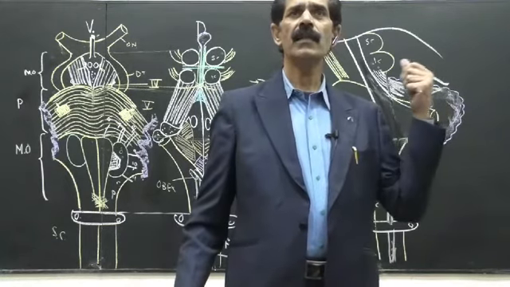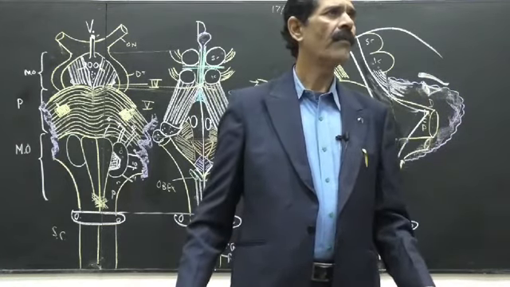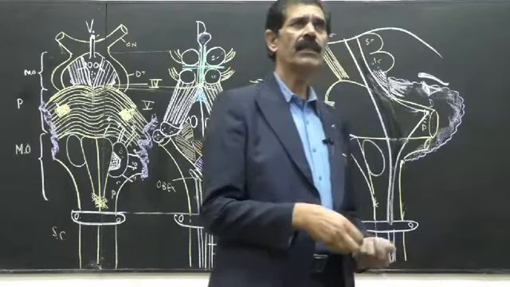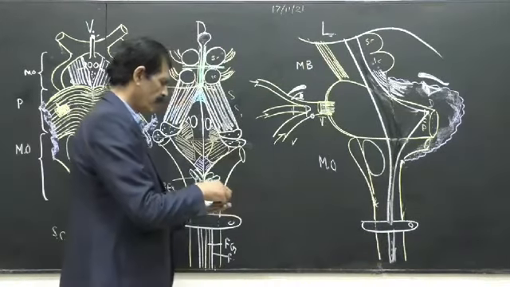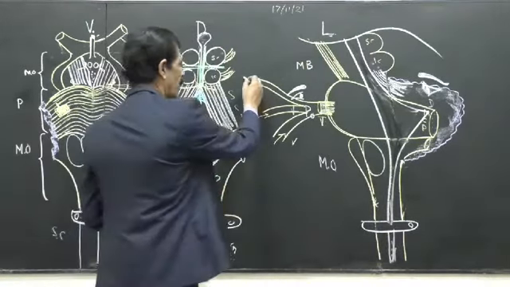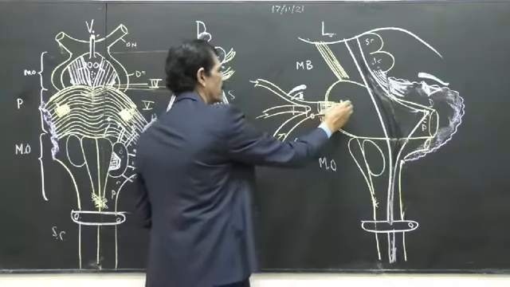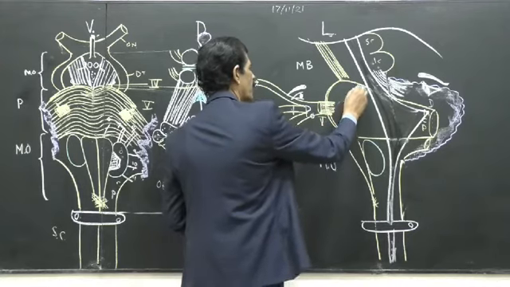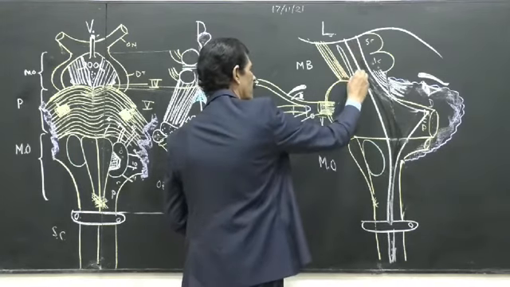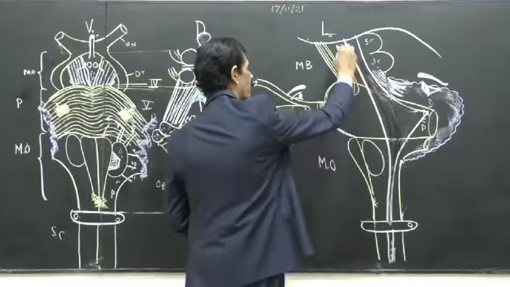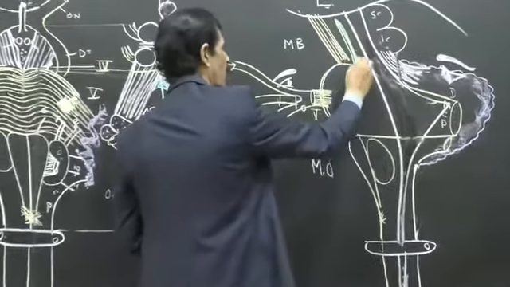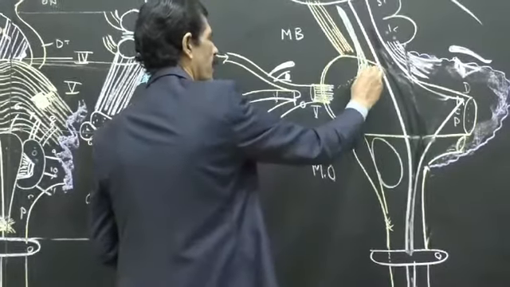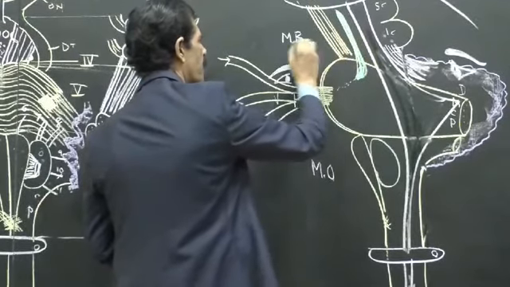So when we cut the sagittal section of the brainstem, we see these nuclei. For example, the ophthalmic fibers enter into the pons, and they relay into the mesencephalic nucleus of the trigeminal, because the gray matter is also present in the midbrain.